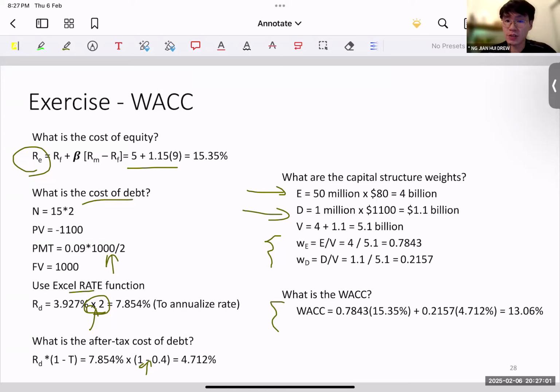It's still also the yield to maturity. But maybe I can have a look at it. What's the difference between yield and rate function and which one should you use? Because I have not really used the yield function. Always use the rate function when calculating yield to maturity. You don't really calculate coupon rate because coupon rate is a separate thing.